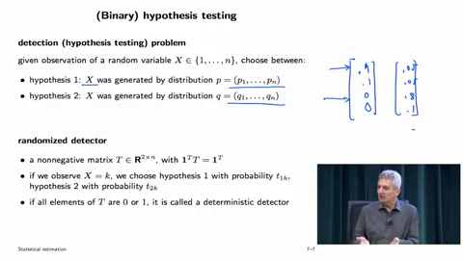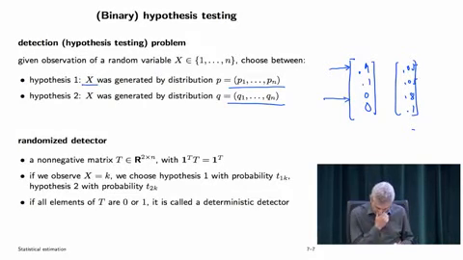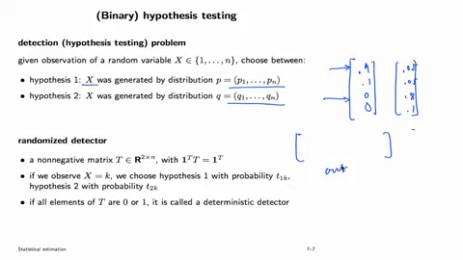Okay, and so now we're just going to look at what is a good and principled way to make this choice. So we're going to look at randomized detectors. A randomized detector is a matrix. It's 2 by n. These are the outcomes over here, and then this is something like 1 and 2.